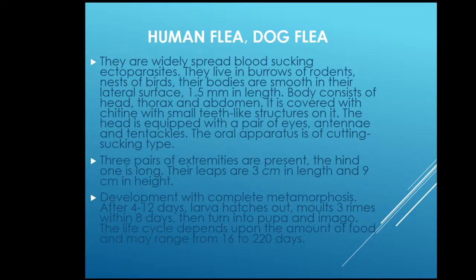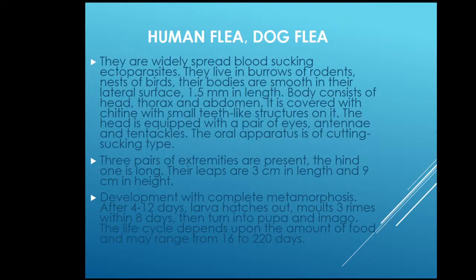The body of fleas consists of head, thorax, and abdomen. It is covered with chitin with small teeth-like structures on it. The head has one pair of simple eyes, antennae, and tentacles. The mouth apparatus is of cutting, sucking type. Indirect development with complete metamorphosis is characteristic for fleas.